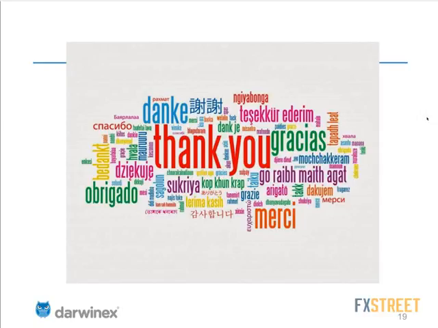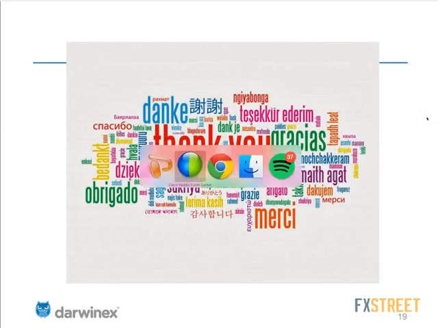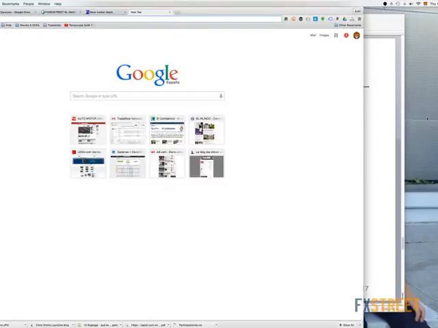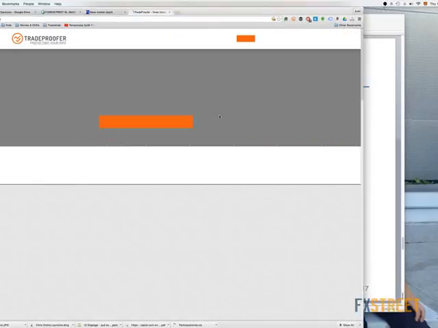What mechanism do you have to trust your broker's job? Okay, well, there was an interesting site that I came across the other day, which we love at DarwinX. They're called Trade Proofer, I think that's what they're called. This is a pretty good site that I think is badly needed. They offer you a free service to check how your broker stacks up against other brokers.